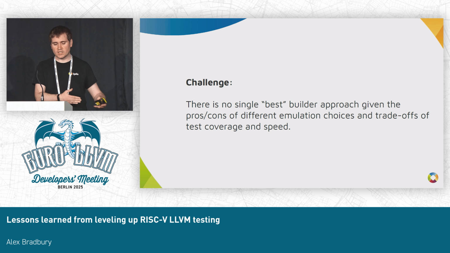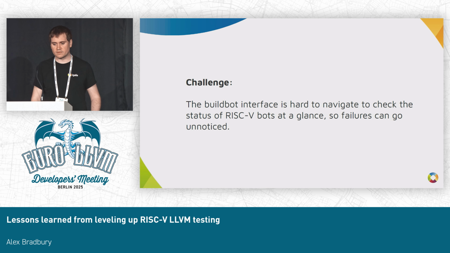If you have it on both, you've got a head start on actually working out what the issue is. And as I'm hinting at here, clearly, there isn't a one-size-fits-all approach. I've talked about going from a 16-hour time to 1.5 hours to 25 minutes. These are all testing different things with different trade-offs in terms of what you cover and what the fidelity is. Having a combination of these, I find, works really well.